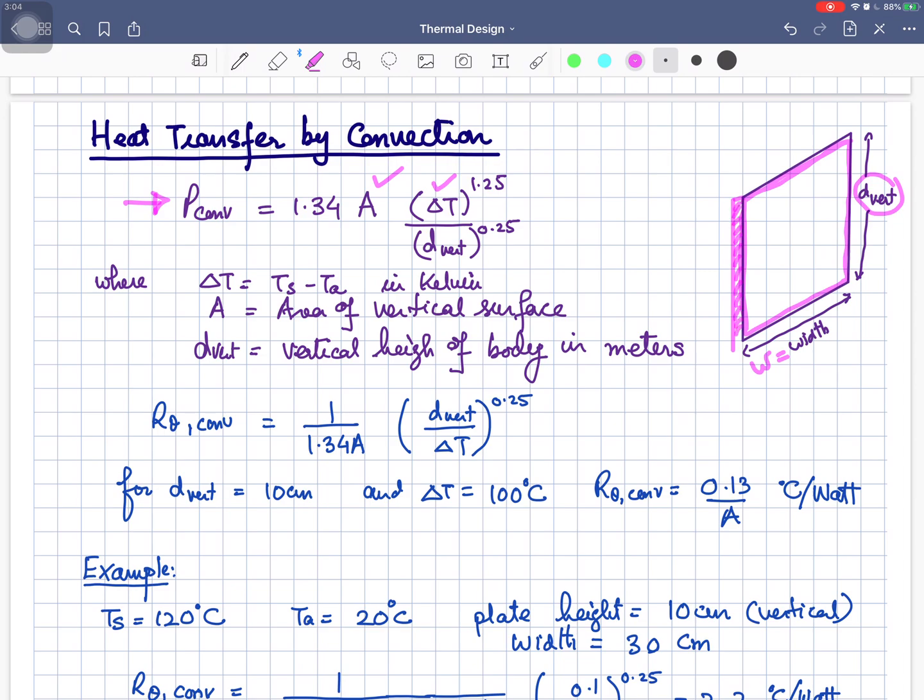And we are basically considering the heat dissipated by the convection process. So air is going to flow in the surrounding of this sheet and will take away the heat from its surface. So that depends upon the cross-sectional area of this sheet and the vertical height of the body in meters.